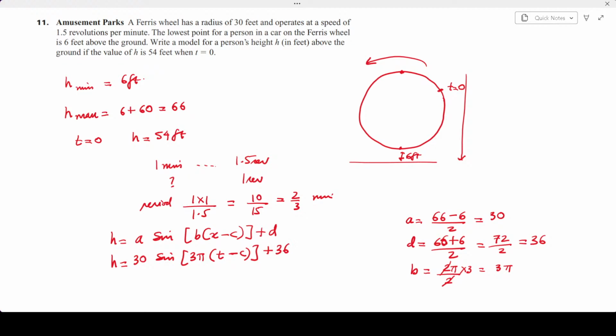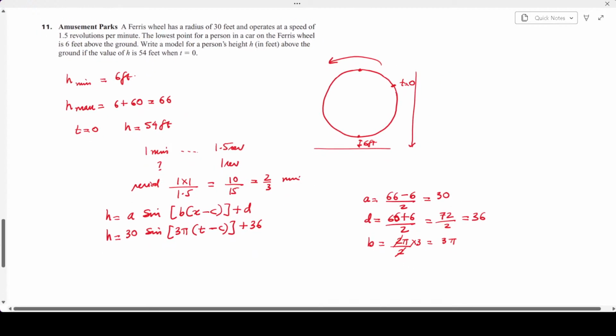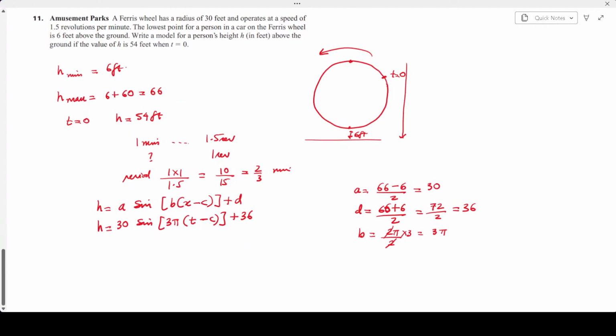So why would you have a c? You have to get it in the context of the question. When your time is 0, h is 54. Use this to get your c.